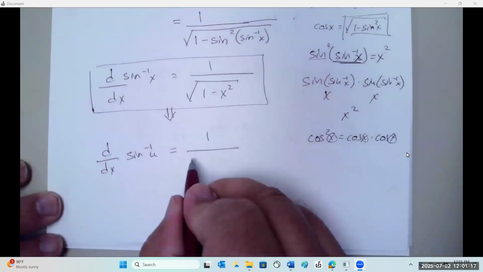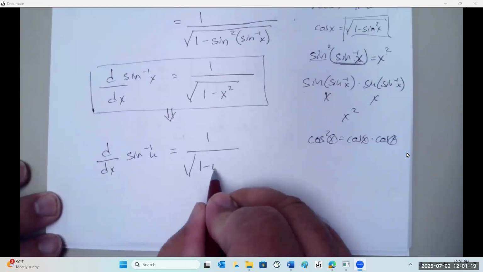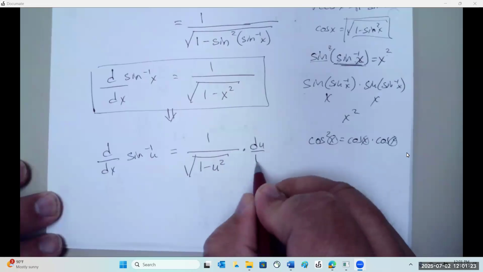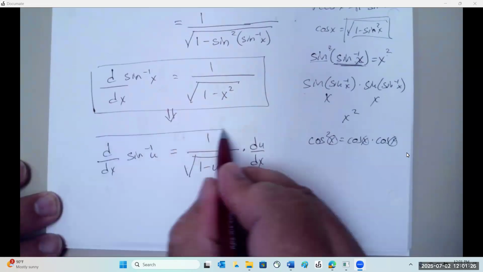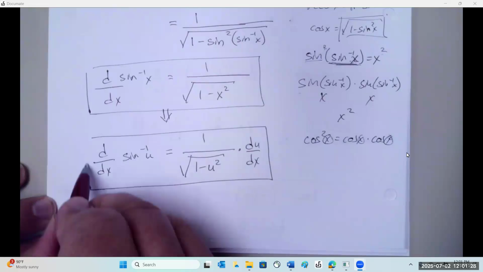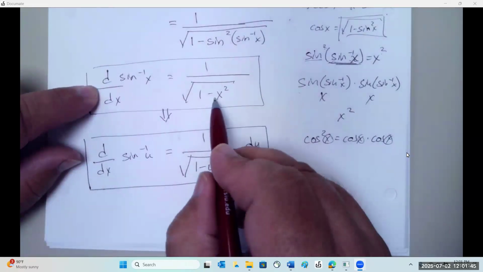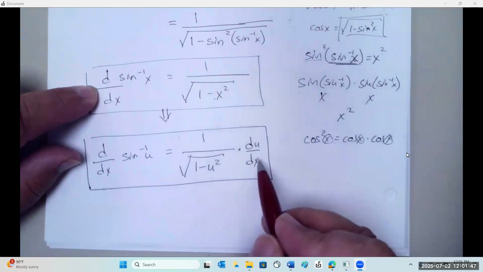It'd be the same thing, 1 over the square root of 1 minus u squared times du dx. And it's always that, because we saw for this one, we have to take the derivative of what's inside there, which is what that brings in.